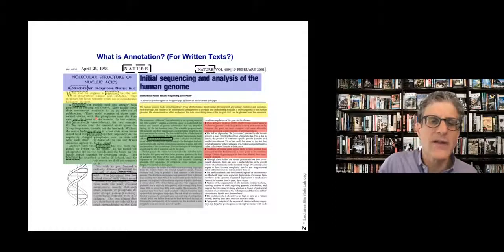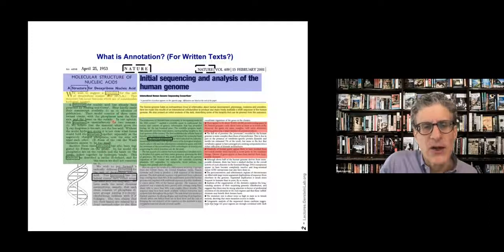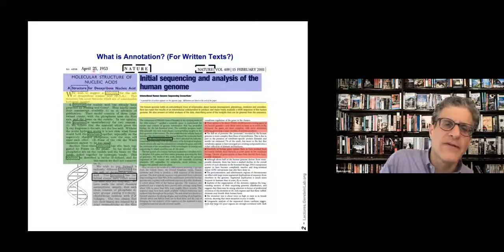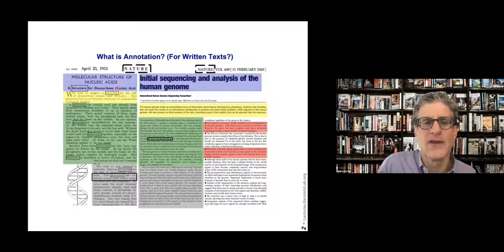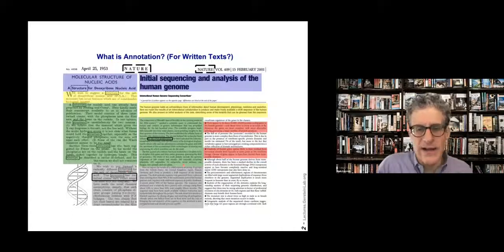How might someone annotate these texts? Well, they might look for repeated words. They might functionally annotate different parts. This is obviously the title of the two texts. This is an author list. This is the introduction and so forth.